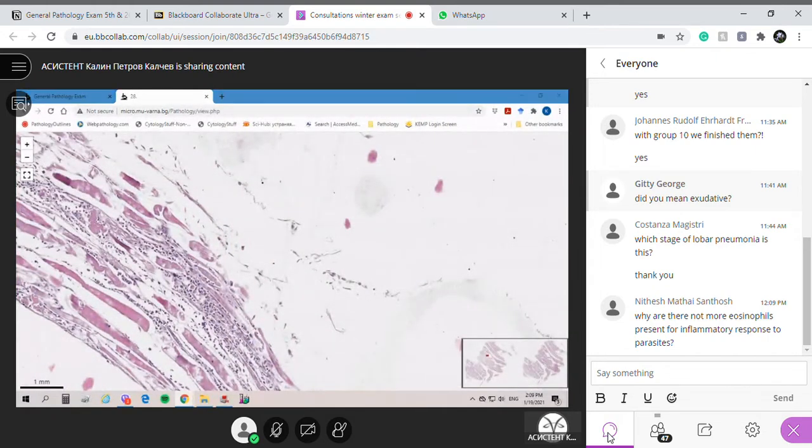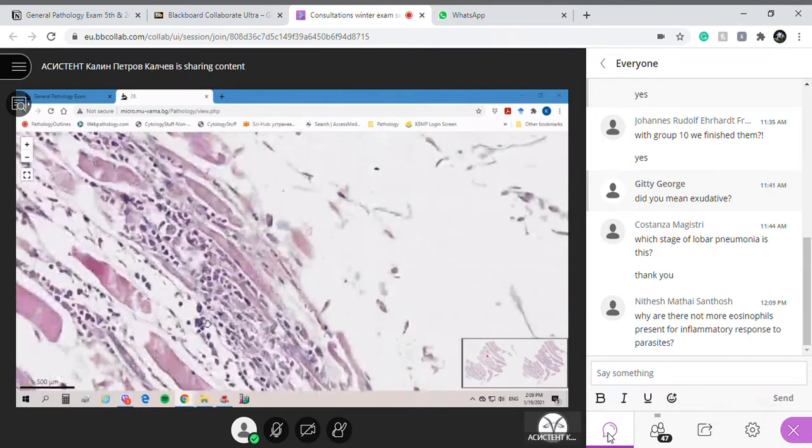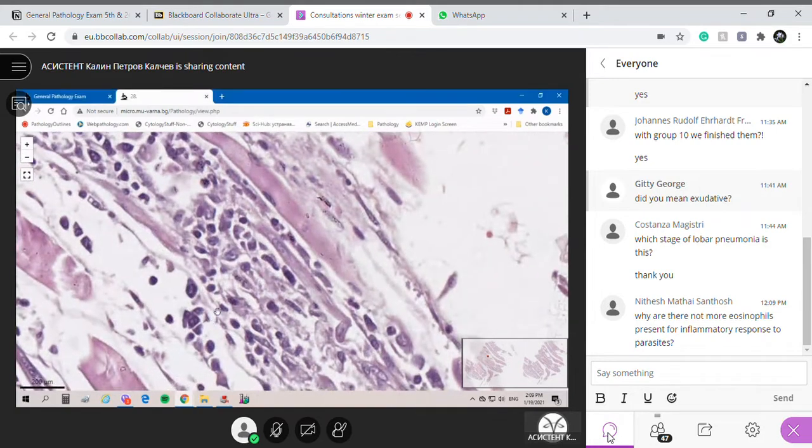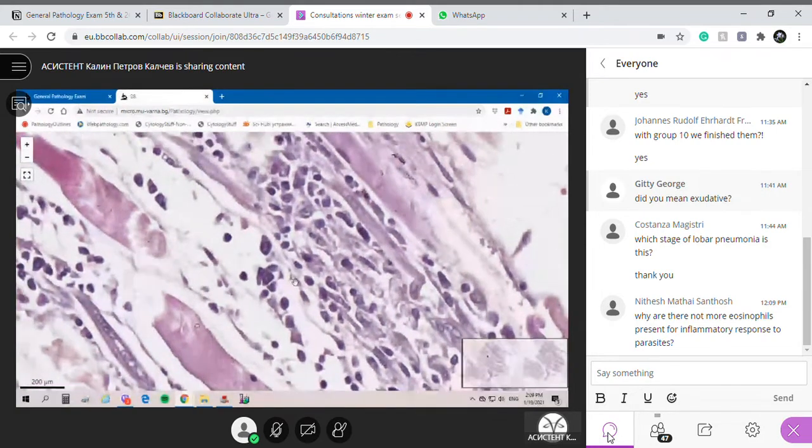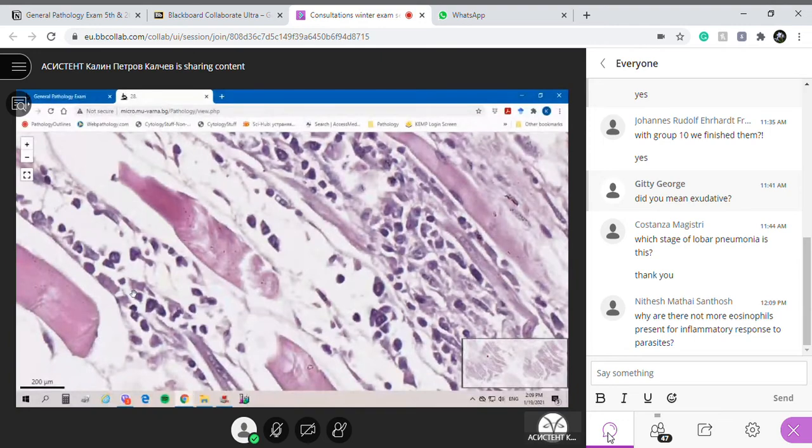You're asking about this. Let me just check. Why are there no more eosinophils present in the inflammatory response to parasites? Well, you can see here at the periphery that there are some inflammatory cells.